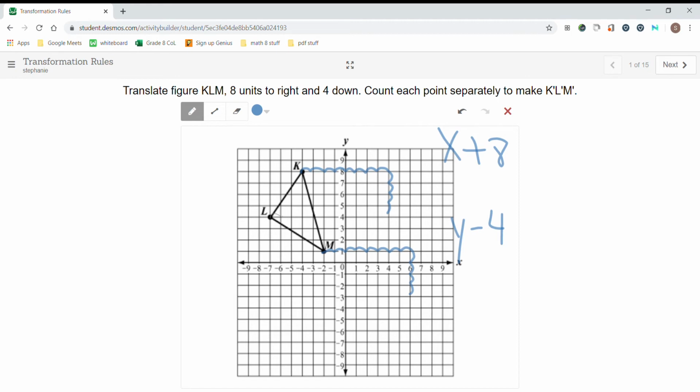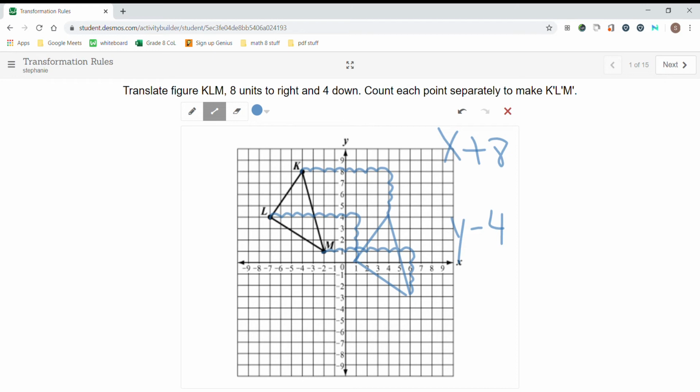L, same thing, 8 over and down 4. And I would have had my new triangle. It's been shifted down and to the right.